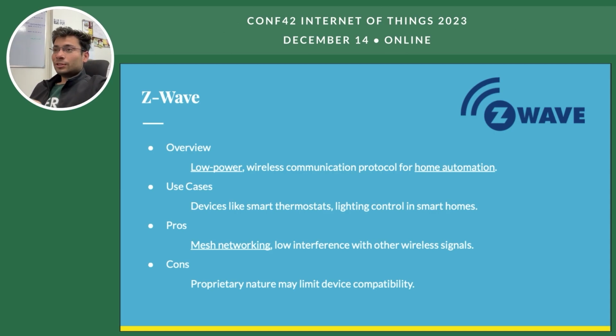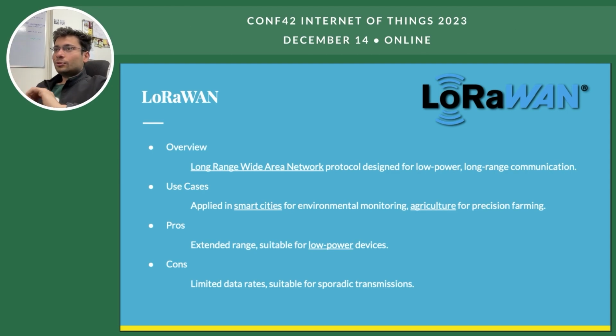Now we will move to some interesting wireless protocols. The first one is my favorite, which is LoRaWAN. These particular protocols are called long range wide area network protocols. So these are also wireless protocols, but the range is like 5 kilometers or 8 kilometers, something of that scale.